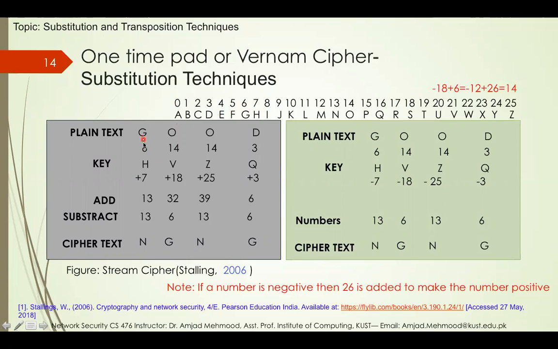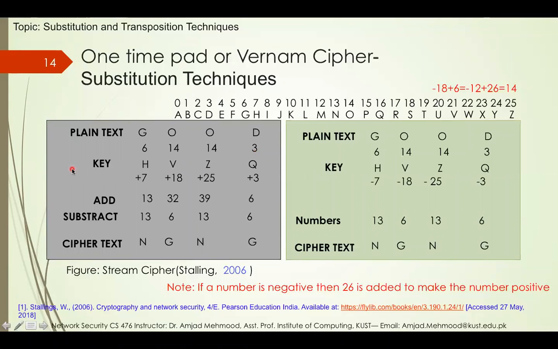So G is replaced with 6, O is replaced with 14, as O is at the 14th place. Again you have an O, which is again 14, and then you have a D, which is at the 3rd location of the alphabet, so I have replaced it with 3.